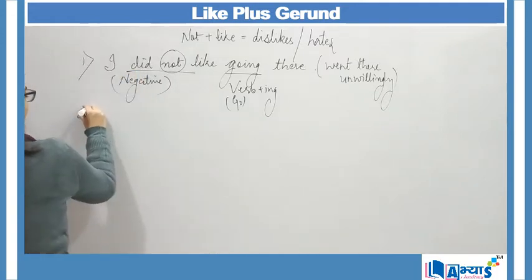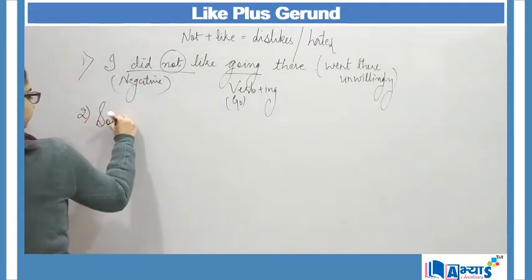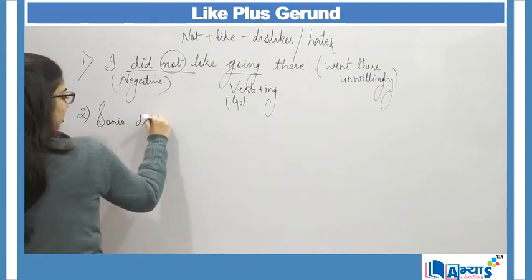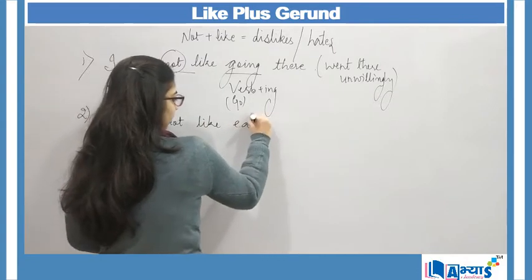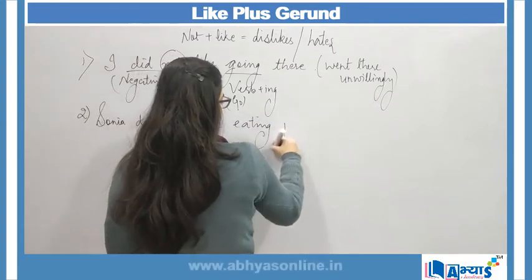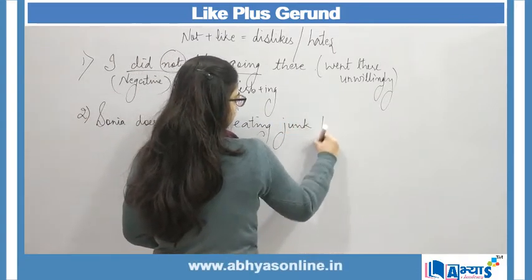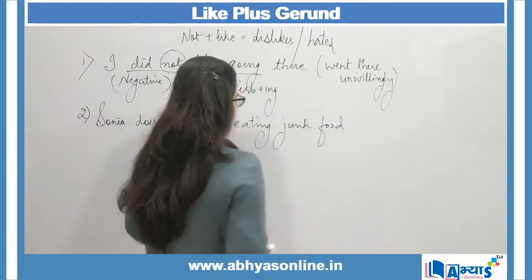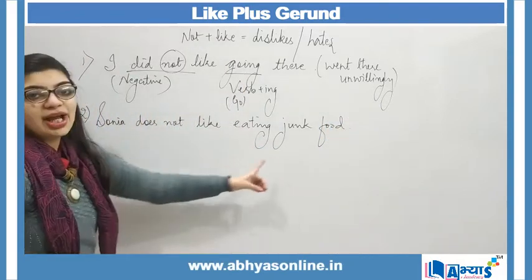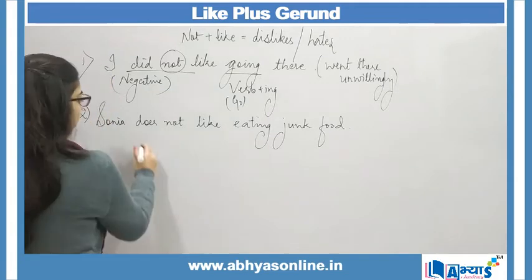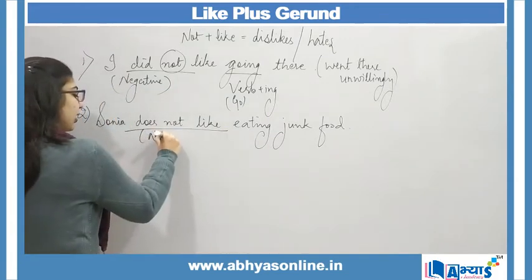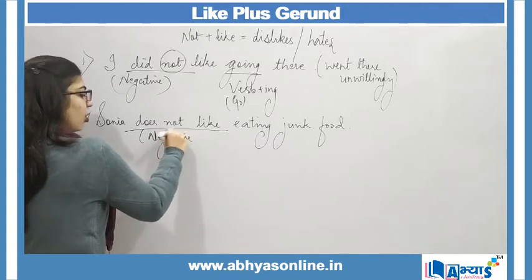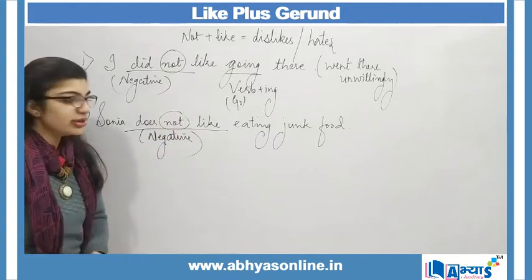The next example can be: Sonia does not like eating junk food. When I say Sonia does not like eating junk food, here "does not like" again shows that a negative sentence has been formed because of the usage of not.